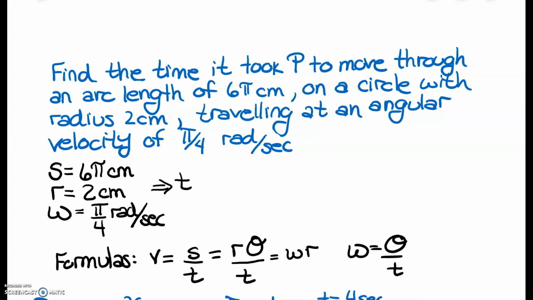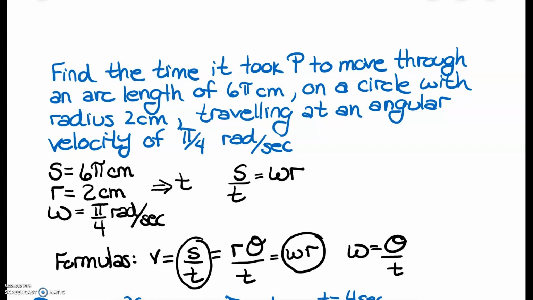So by glancing down at the formulas, I have s, r, and omega, and I need to calculate t. I see two formulas for velocity that have only those four variables in them: my arc length, my time, my angular speed, and my radius. So let's go ahead and set it up to solve.